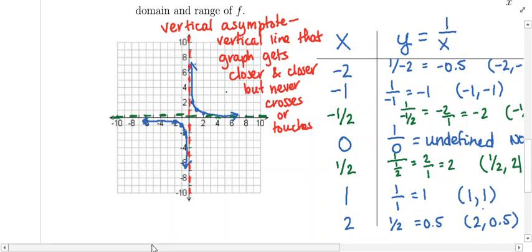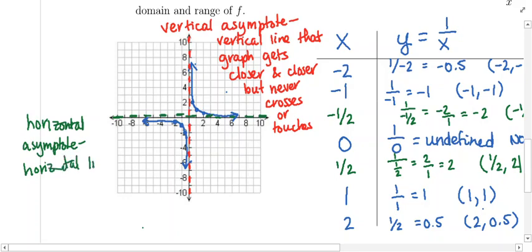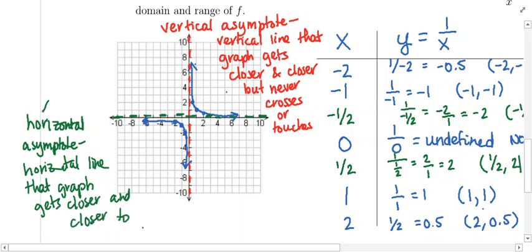Okay, so the x-axis is a horizontal asymptote, which is a horizontal line that the graph gets closer and closer to. Okay, all right, so that's the x-axis. Okay, the y-axis is the vertical asymptote.